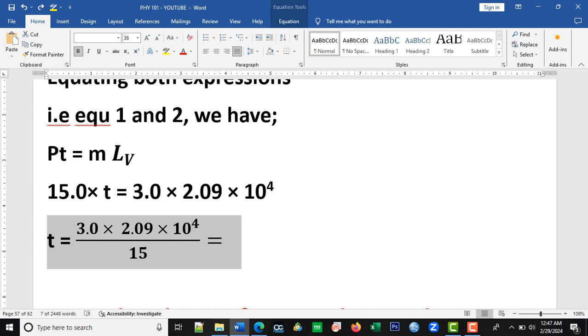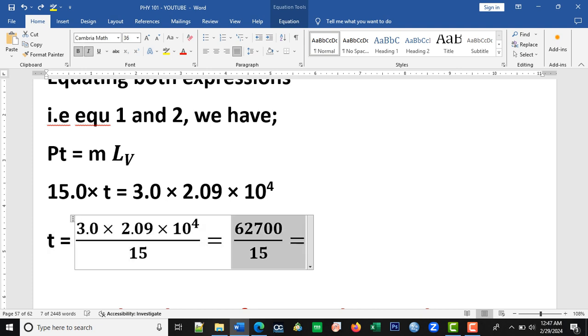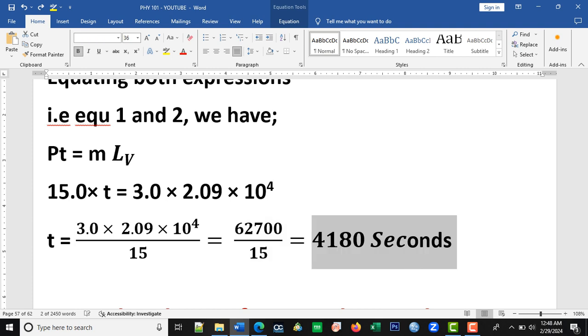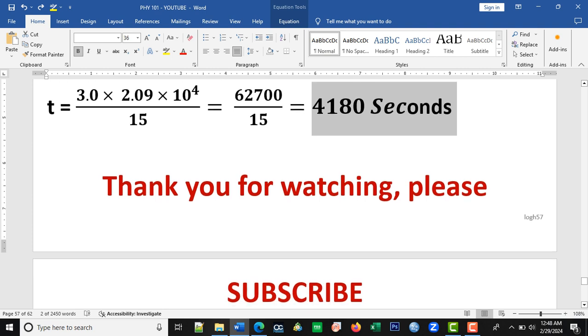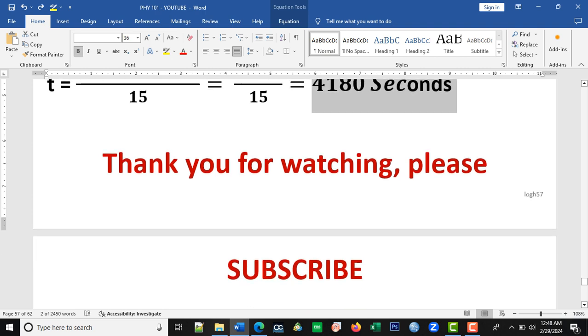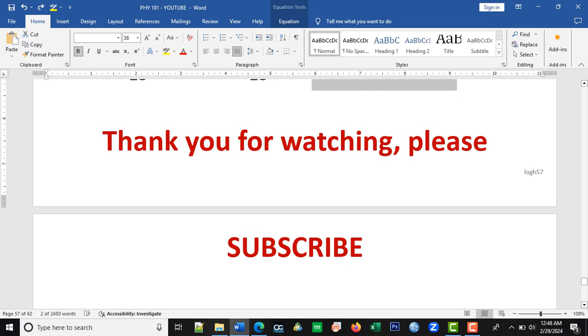We multiply the numerator 3.0 times 2.09 times 10 to the power 4, and we'll have a new expression. When we divide this by 15, then we get the time in seconds, which is 4180 seconds.